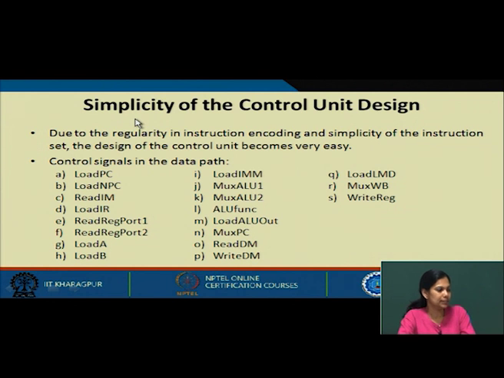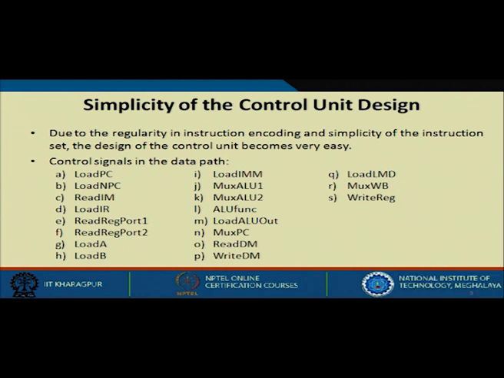Now, what is the simplicity of the control unit design here? You see that there is a regular structure. That means all the instructions are of fixed length. We know that this particular field is for this particular register, that is source or destination. This is an immediate field, and so on.